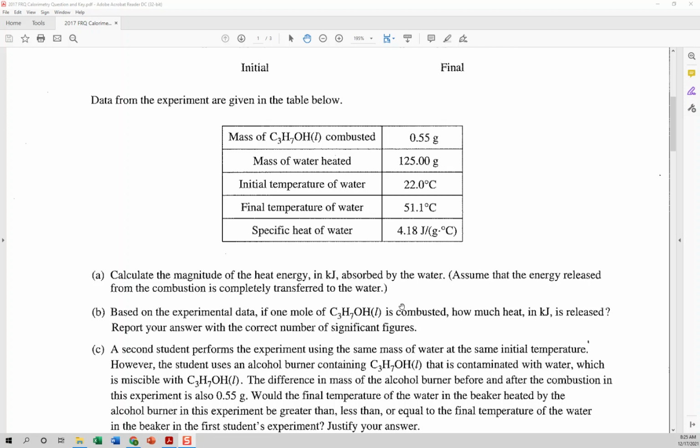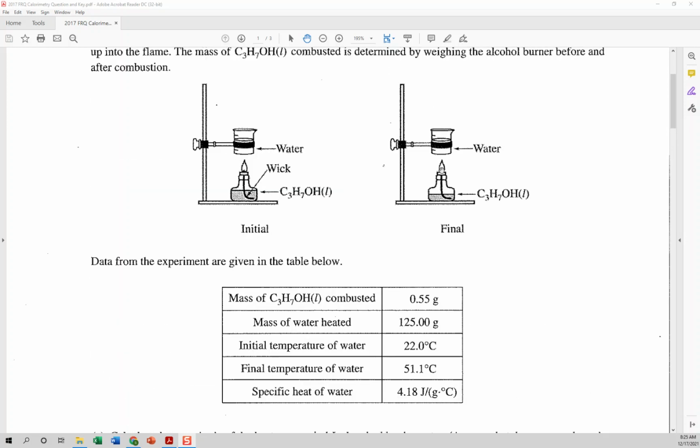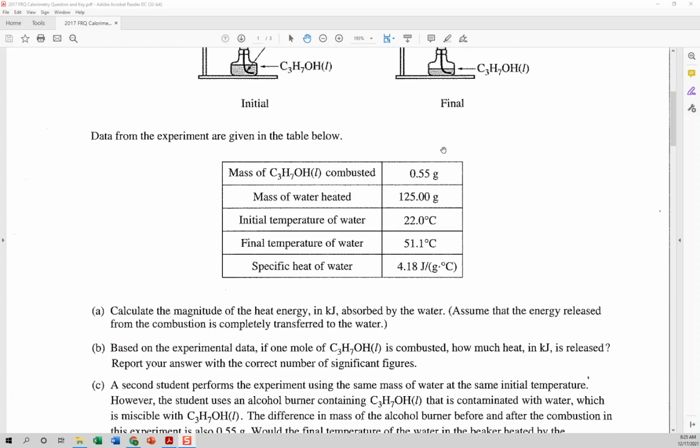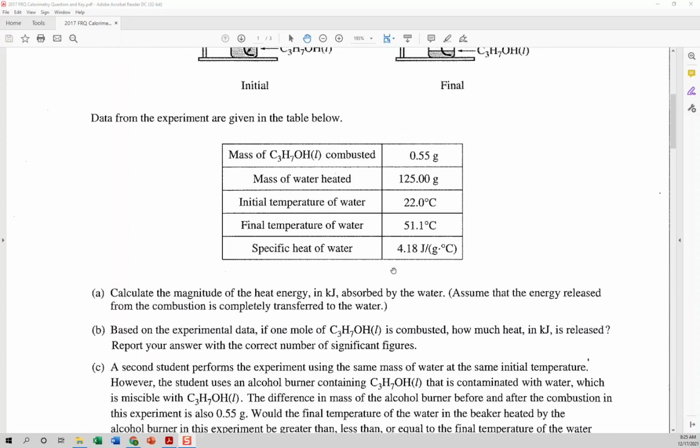So that means none of the heat, as this burns, escapes to the air, none of the heat gets absorbed by the beaker, it only gets absorbed by the water in the beaker. Okay, so that's a big assumption, but most of the time that's the kind of assumption we're told to make, okay? And so we know the initial temperature of the water, the final temperature of the water, we know the heat capacity of the water, and we know the mass of the water.